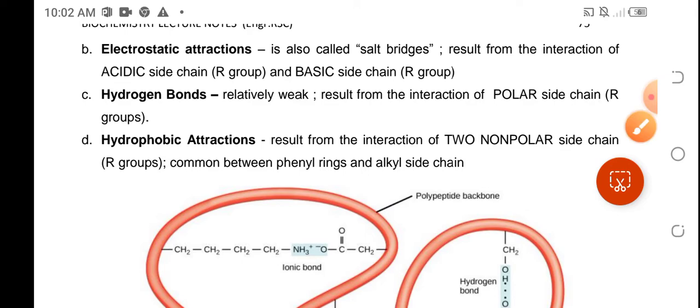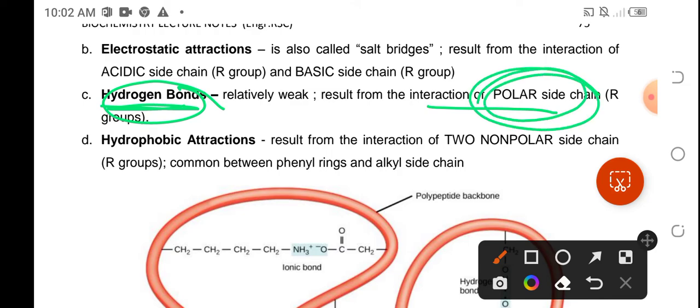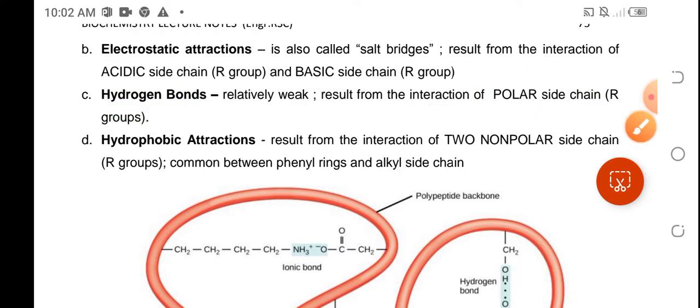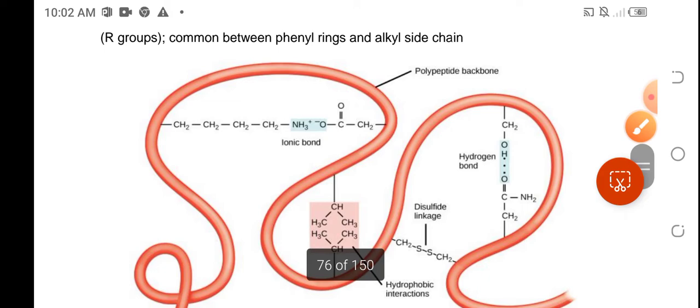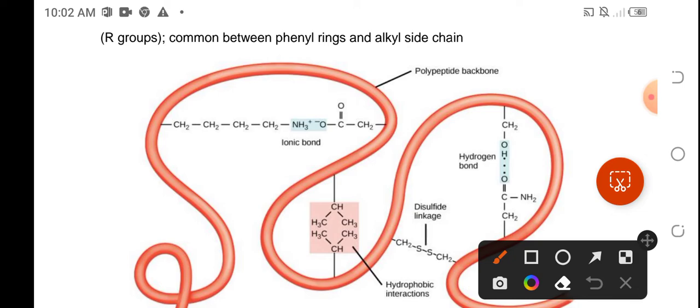Okay. Meron din tayong tinatawag na hydrogen bond. So, kanina yung hydrogen bond natin sa secondary structure is because of the interaction of hydrogen and oxygen. Hydrogen from the amino group and oxygen from the carbonyl of the peptide linkage. Pero dito sa tertiary, ang hydrogen bond natin is because of the interaction of two polar side chain. Okay? Two polar side chain. Ito naman siya. Example nito. Okay? So, we have here, ano ba yung polar dito?